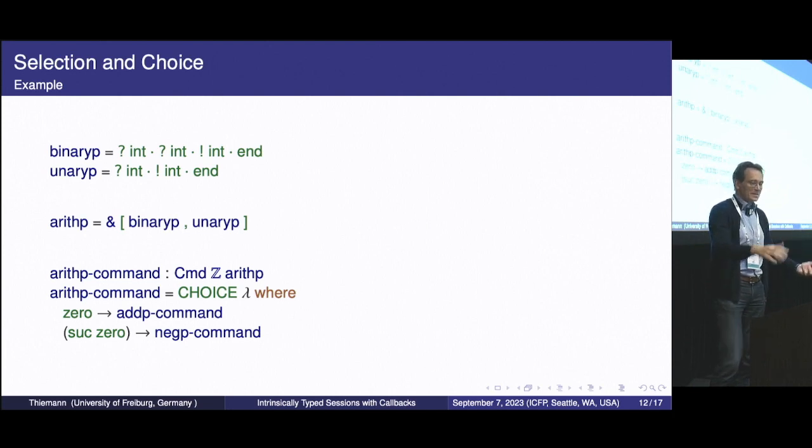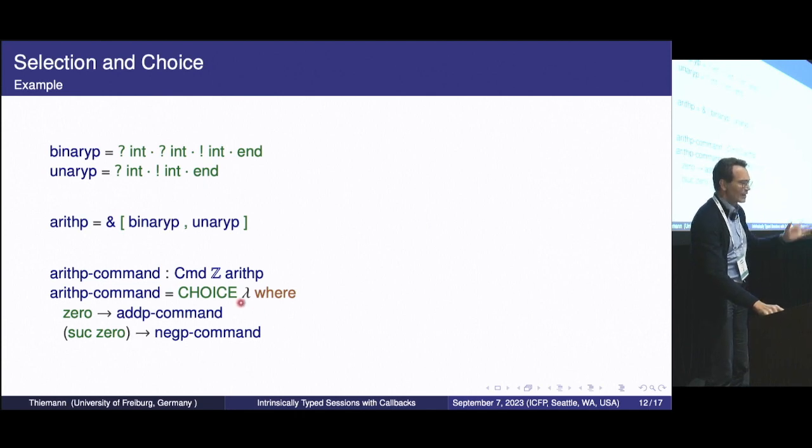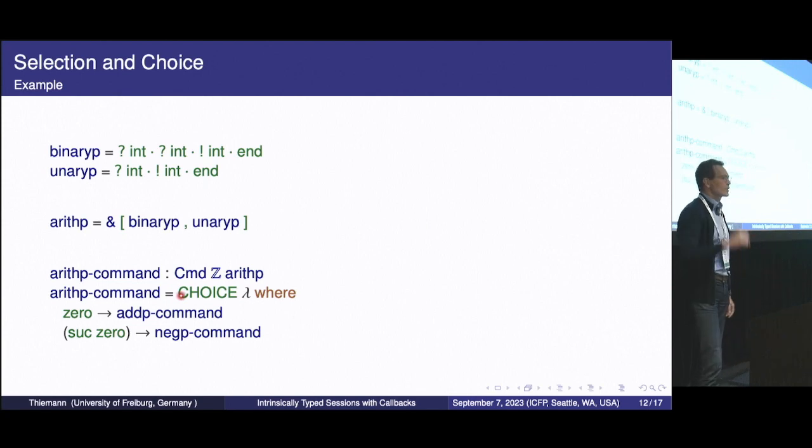Because in Agda you have this interactive way of constructing your program. So you would say, this arith command is a command of this type arithp, and you put a question mark at the point where you have the choice. There's no other possibility than putting a choice there, because the type of arithp tells you this must be the choice command. So there's nothing else you can do.